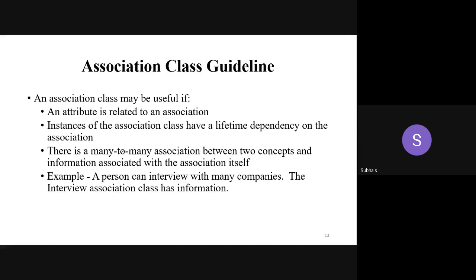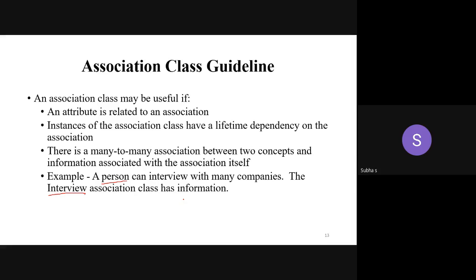Here, look at the example. A person can interview with many companies. So, which can be treated as the association class here? The interview can be the association class, because a person can have interviews with many companies. Under interview, you can have June month interview companies or July month or MNCs.